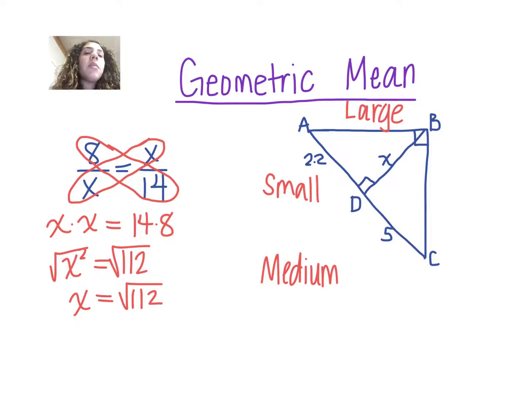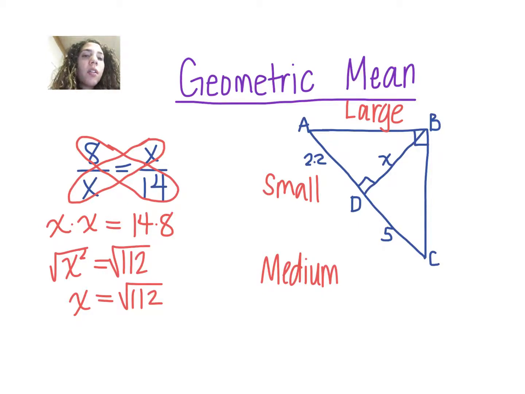Now, if I wanted to simplify this radical, what I would start doing is I would list the factors that we have for 112. So for example, 112 is the same as 7 times 16.